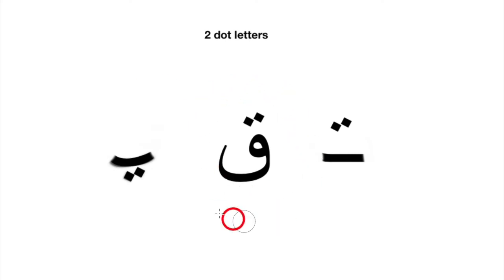And with the qa, if you remember what we were looking at with the letter fa, you need the loop to show that this is a letter qa. And in the same way, with one dot, if I hide that, one dot with a loop would be a fa, with two dots it's a qa. If I was to remove some part of it, it's still a qa.